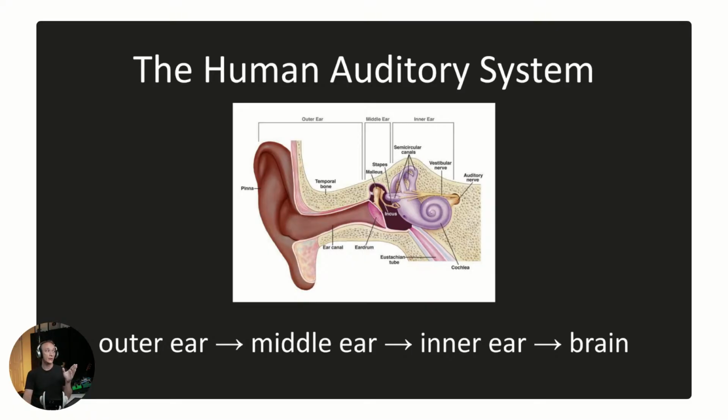And then those 3 bones create vibrations within the inner ear, which contains the cochlea. And the cochlea is a snail-shaped apparatus that has nerve cells within it, and when those nerve cells are moved, it creates chemical reactions, and that creates a synapse, or I don't really know the neurological term, but it creates neurological activity within the brain.